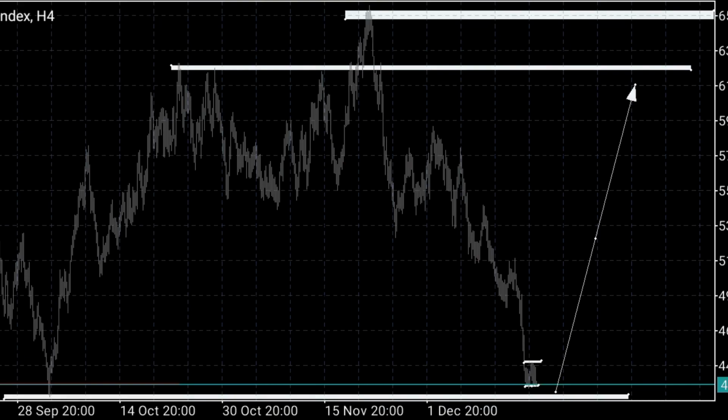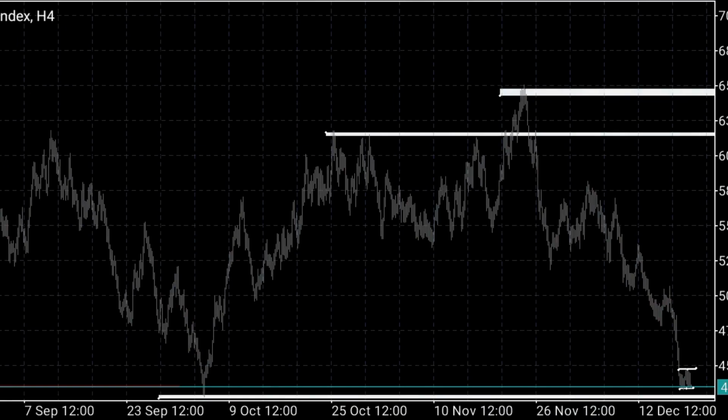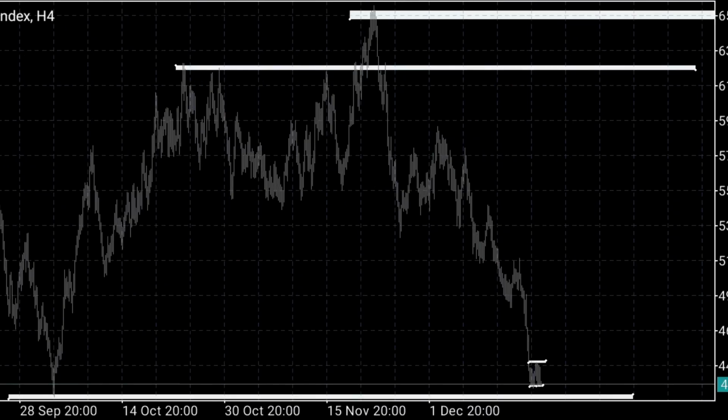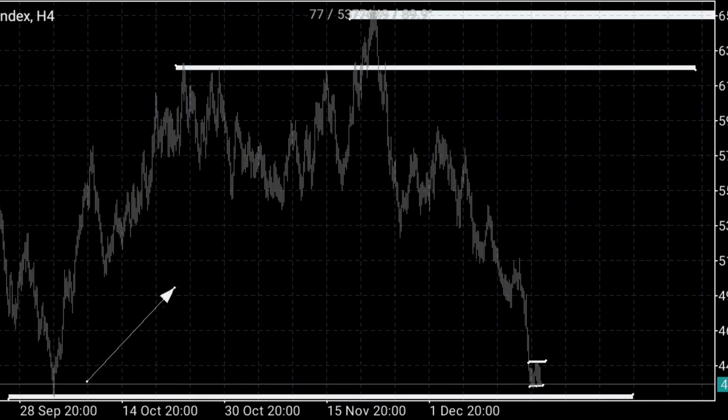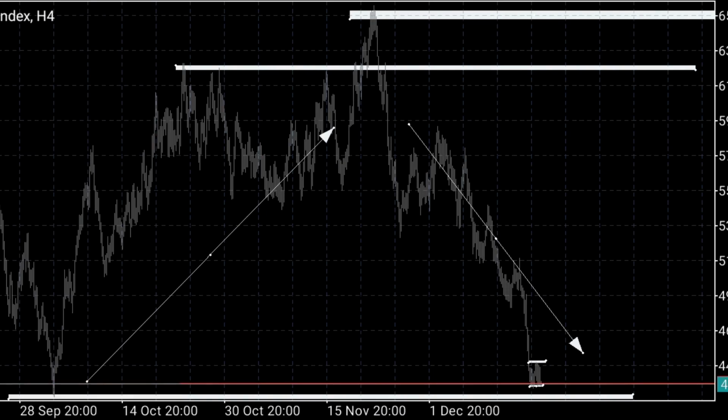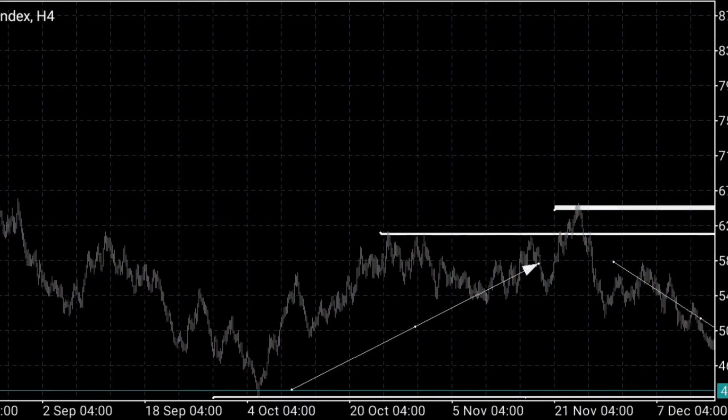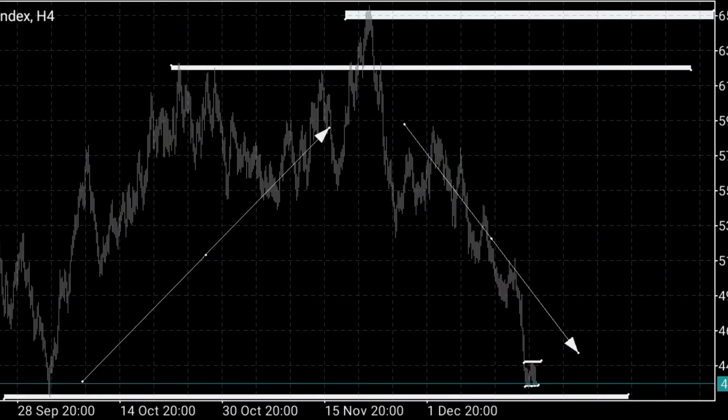You have to go all the way down to that level. So again, one thing that you can point out from this is that we have an inverted cup and handle. So this is our cup, and we're anticipating that this gives out a continuation pattern to the downside, because initially it was falling, so it has to keep pushing.